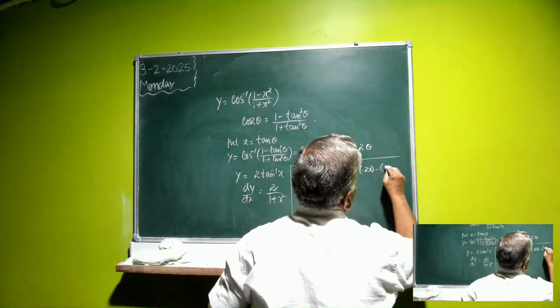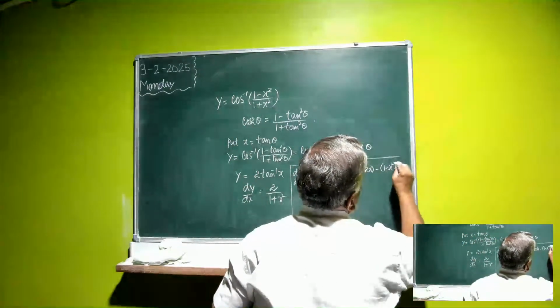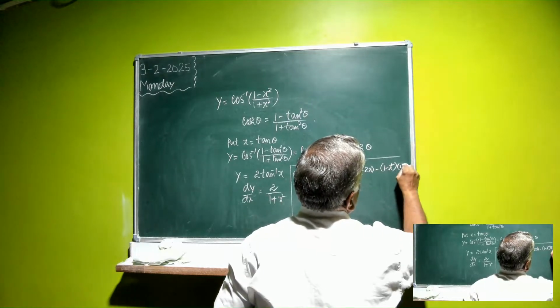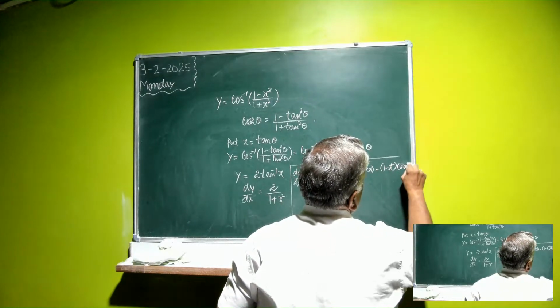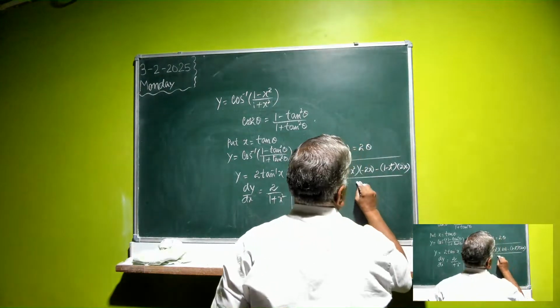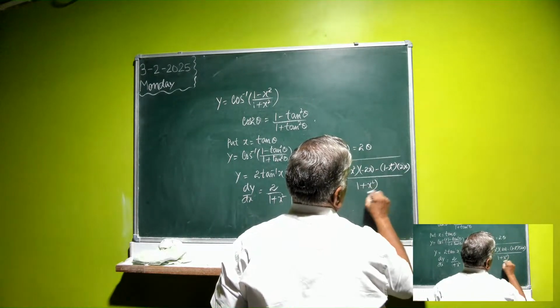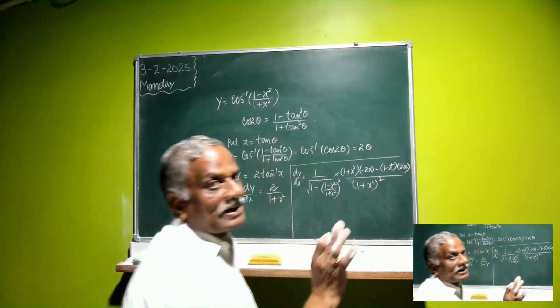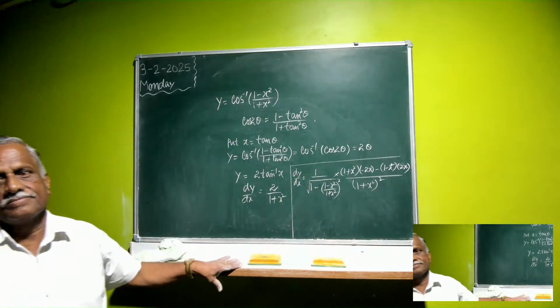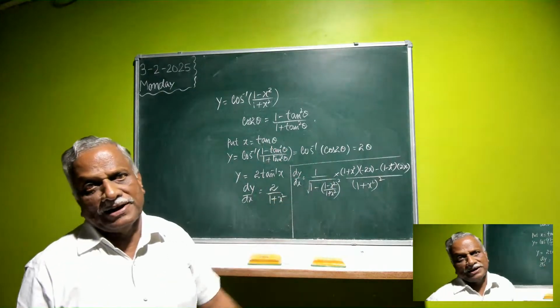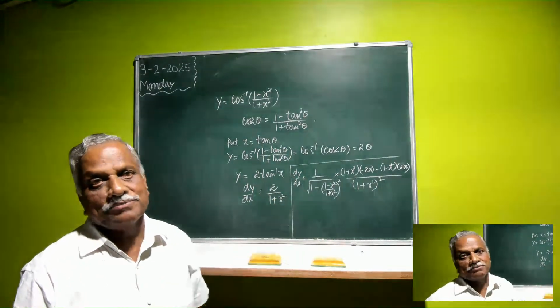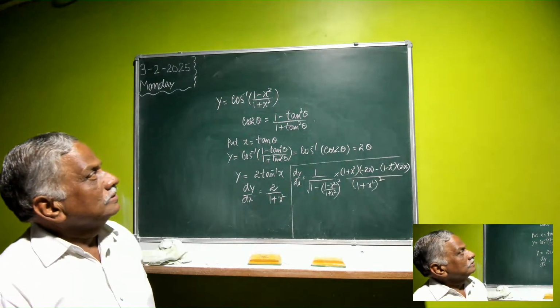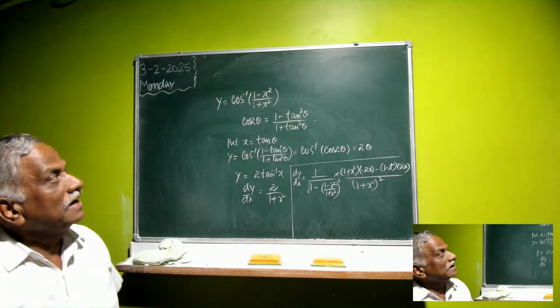Minus, keep the numerator as it is, differentiate the denominator. You get 2x over 1 plus x square whole square. Leave it like that. If possible, you can simplify, but it takes more time.